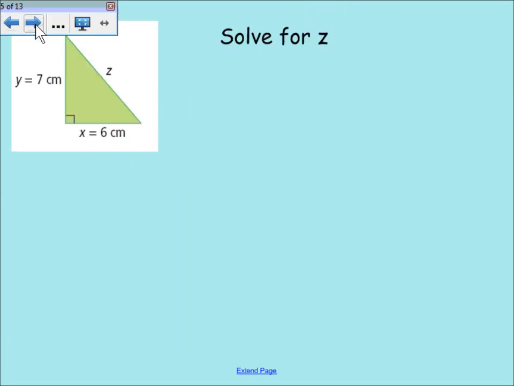So solve for Z. Pause the video now, take out a piece of paper, and solve for Z. Hopefully you're back. One leg is 7, so 7 squared plus another leg, which is 6, so 6 squared equals Z squared.